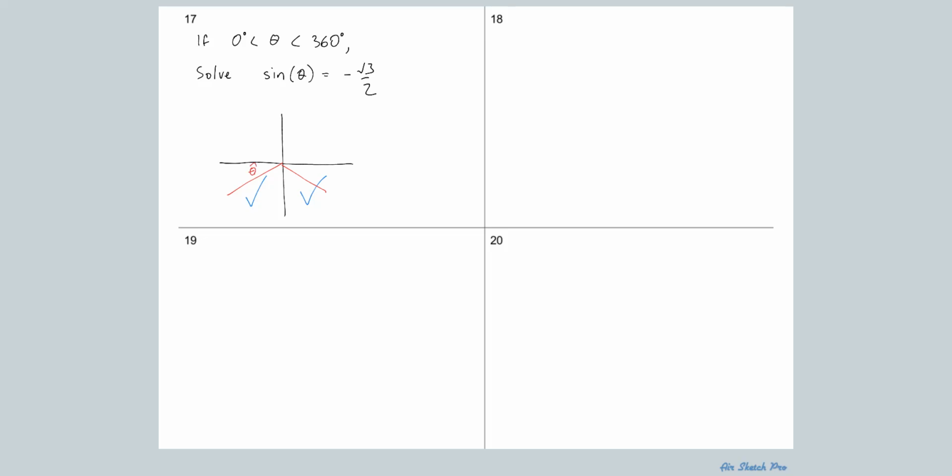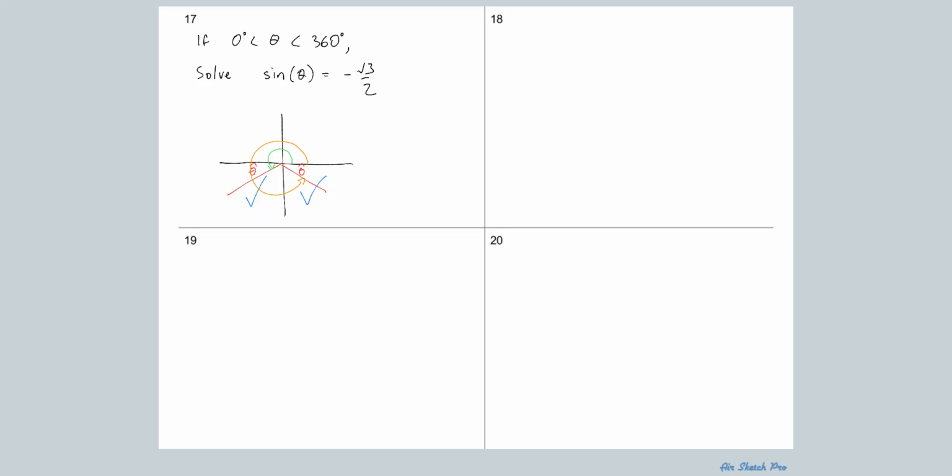And because it's root 3 on 2, it's a specific value, it must be the same theta hat on both sides there. Okay? So it's either this angle or it's that angle. So the key to solving this is working out what theta hat is.